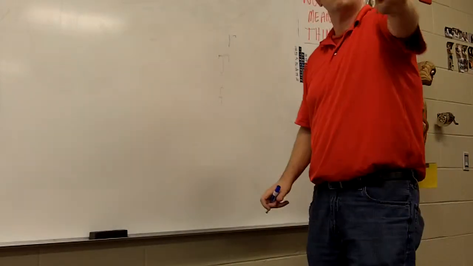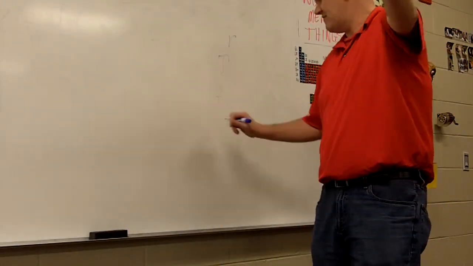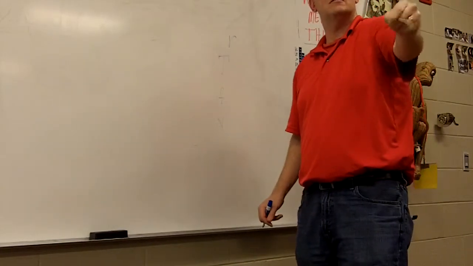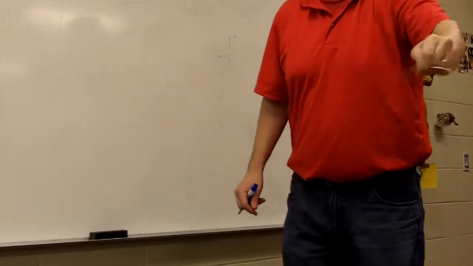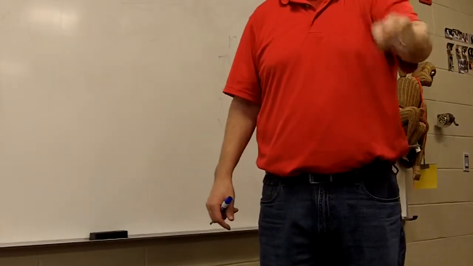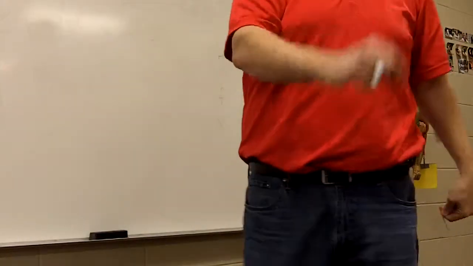This thing, as it's going around in circles, has a velocity, doesn't it? And velocity is defined as what? Speed and direction. Exactly. Velocity is speed plus direction.